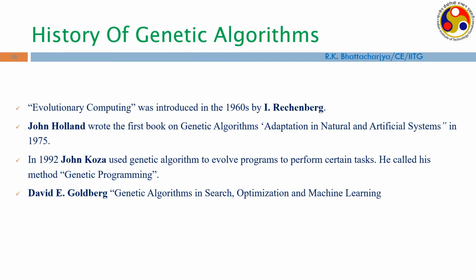David Goldberg, as I said, was a student of Professor John Holland, and he actually popularized the genetic algorithm. After his book, genetic algorithm became a very popular algorithm, and many people have accepted this algorithm for solving optimization problems.